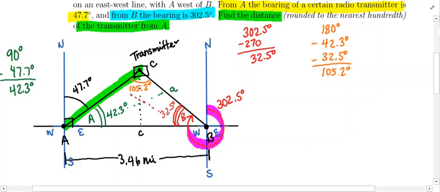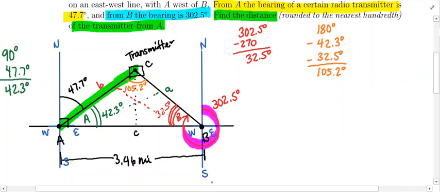Going across from it, the green side we're looking for is side length B. That way it's easier to translate into the law of sines or the law of cosines.